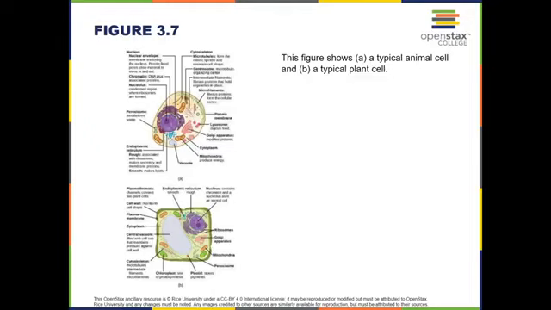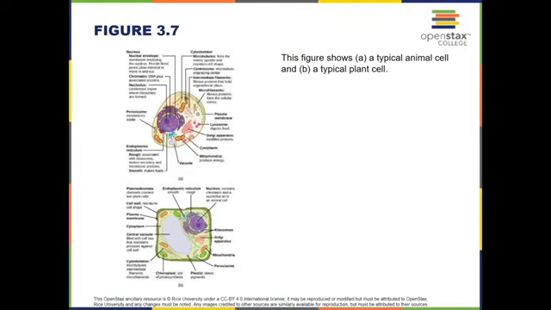A lot of these are going to be slightly modified, so you wouldn't necessarily see the exact type of cytoskeletal element in plants and animals, but they do have this structural organization component. You're also going to see things like the Golgi apparatus. That's very common to both types.